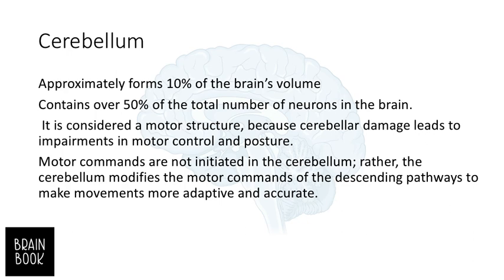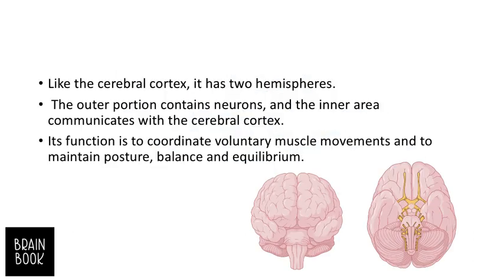It is considered a motor structure because cerebellar damage results in impairments in motor control and posture. Motor commands are not initiated in the cerebellum. Rather, the cerebellum modifies the motor commands of the descending pathway to make movements more adaptive and accurate.